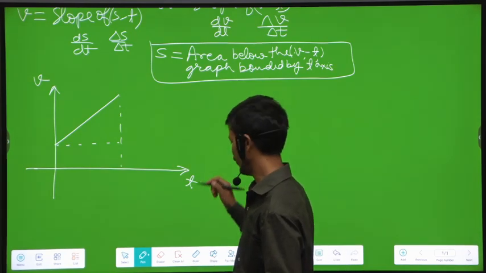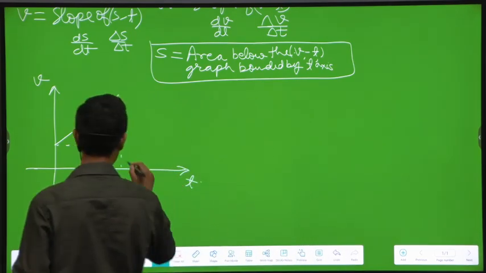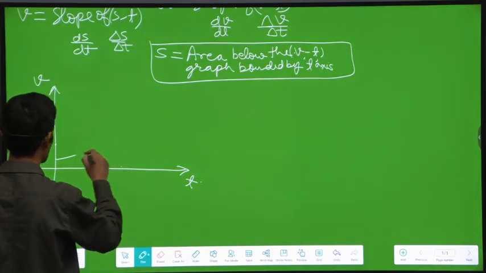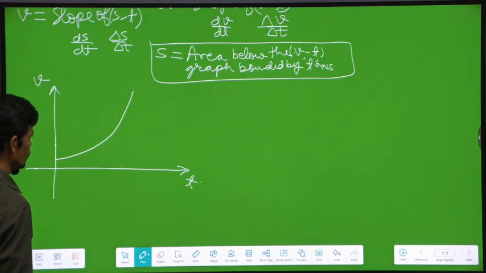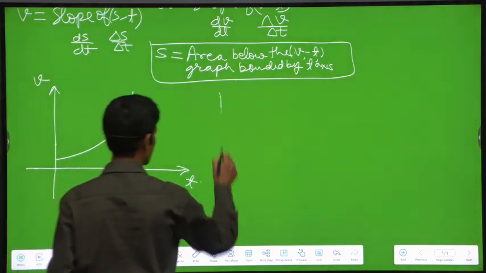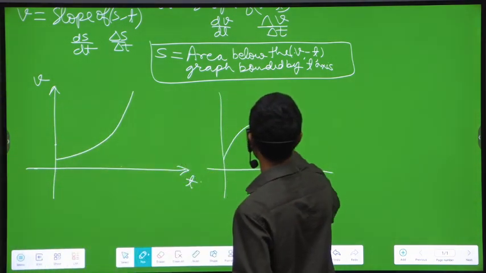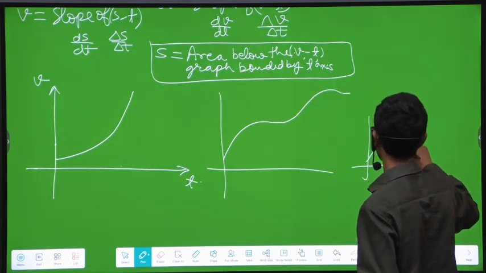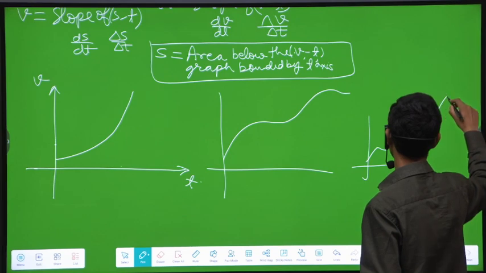But what if this graph looks like this, or any other form, like this, or like this?